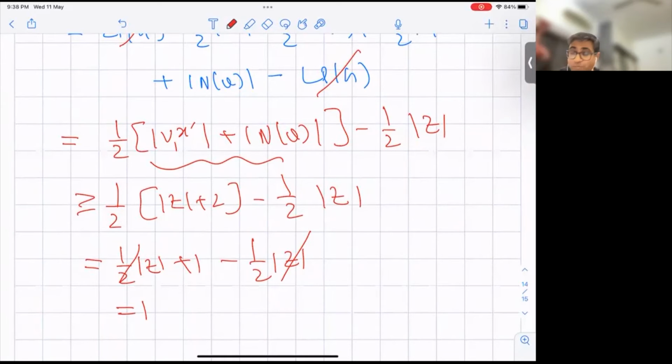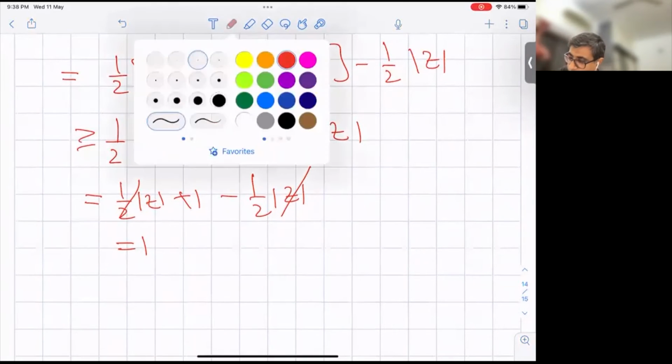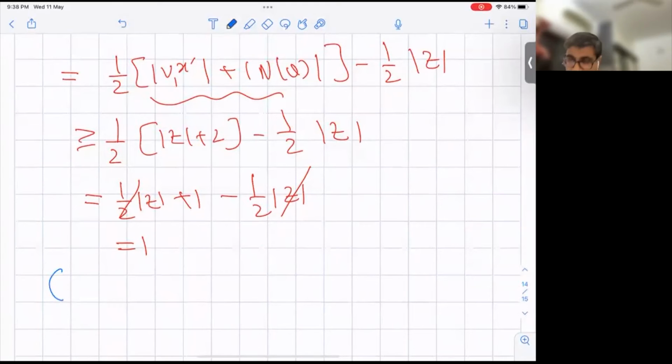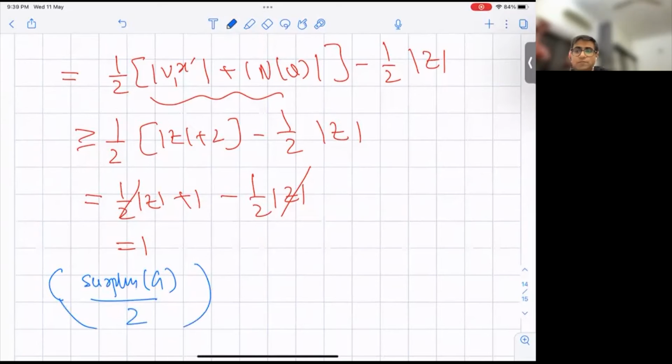So basically, in this branch, if you do the same analysis, the decrease is surplus of G divided by 2. Because I could have written, rather than plus 2, the surplus of G. I could have replaced this 2 with surplus of G and made this analysis.